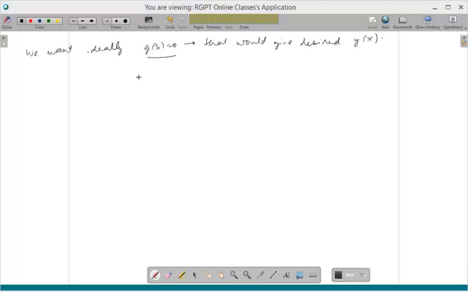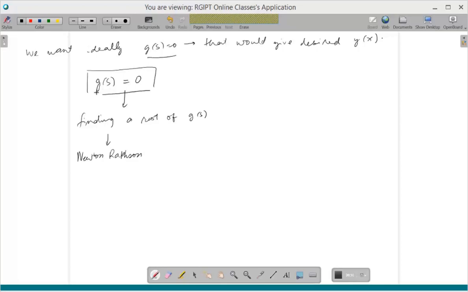All right, so how do you ensure this? Here there's an extension of Newton's method. You have g of s as a function of s, equal to 0, so it's again finding a root of g of s. I can employ Newton-Raphson, but that's a problem because we do not know the analytical form.